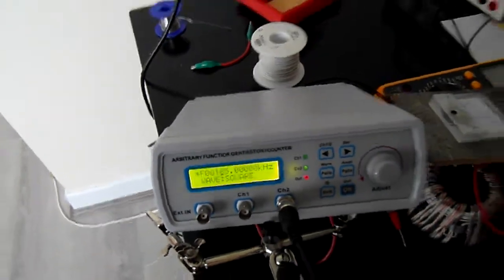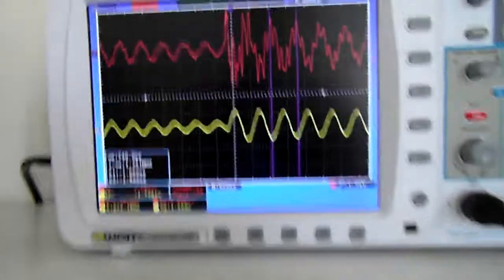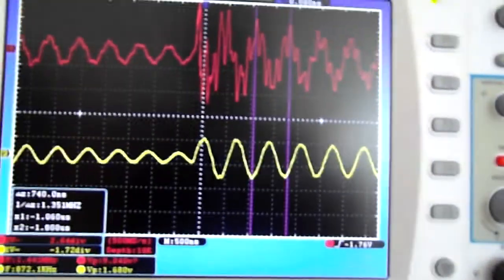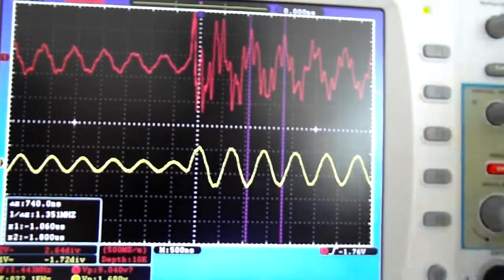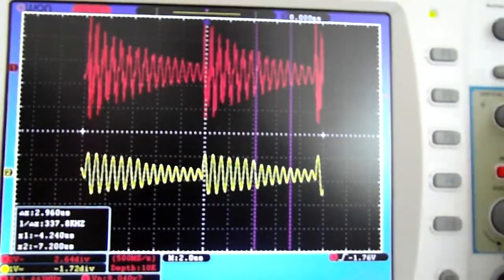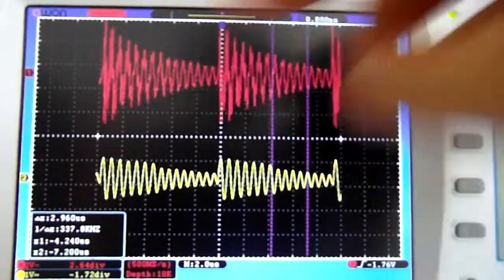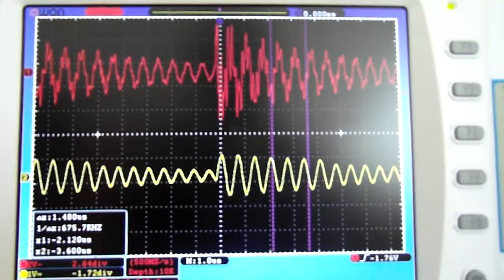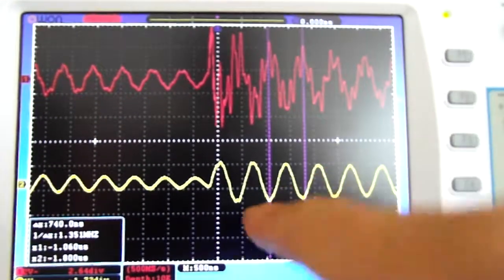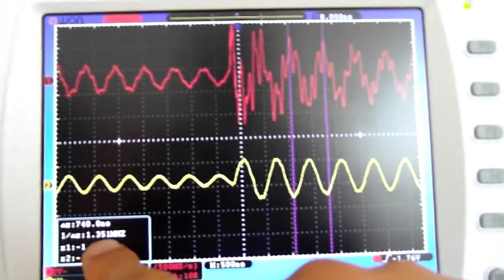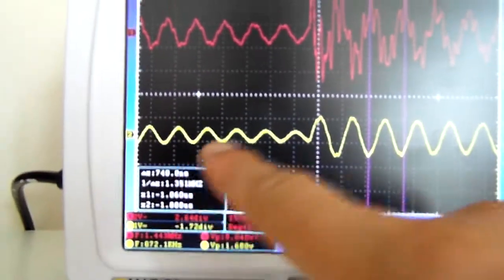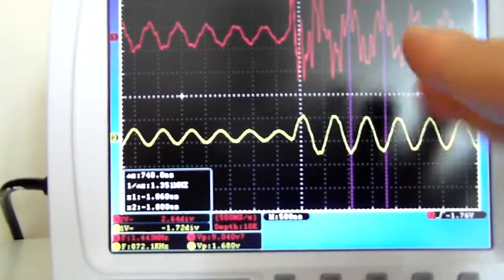100 kilohertz, and the interesting thing is the high frequency is appearing. It's about 1.3 megahertz, and this frequency doesn't change.